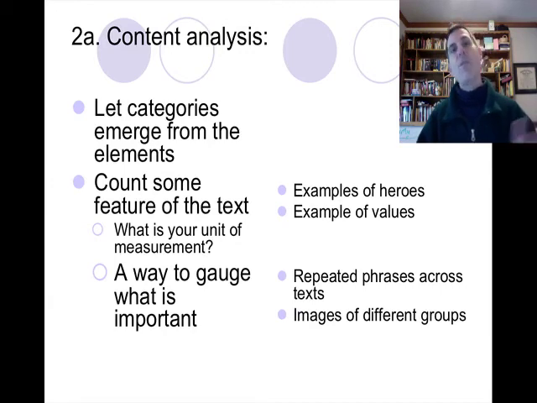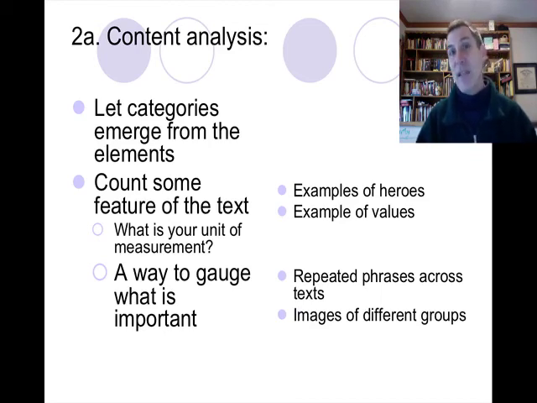So you thumb through the newsletter and you decide, it seems like this particular phrase shows up, this other phrase shows up frequently as well, and you actually make that your unit of analysis. So it may have to do with a phrase related to customer service or employee satisfaction. What are those phrases? It becomes one way to gauge what's important.